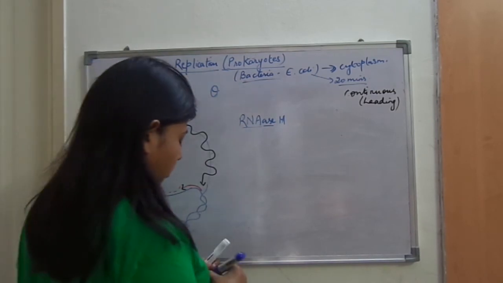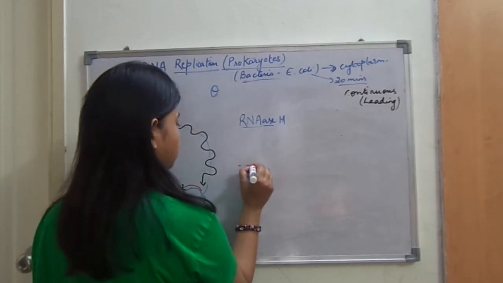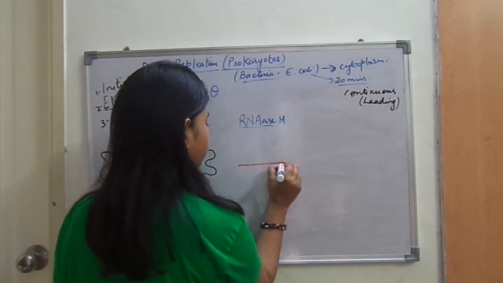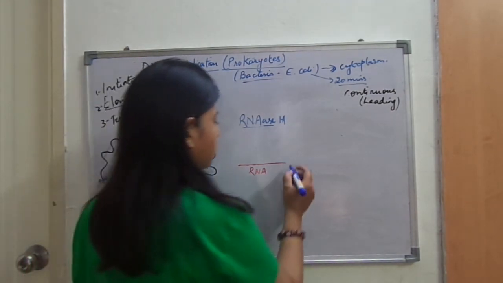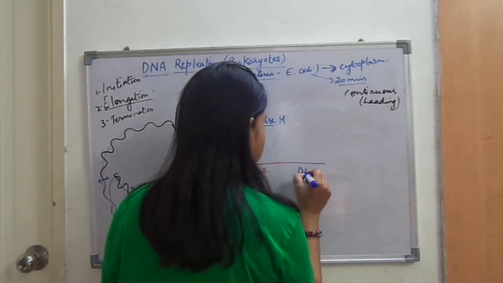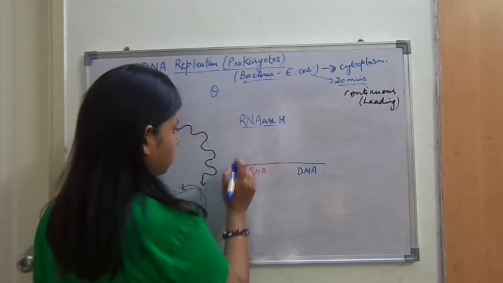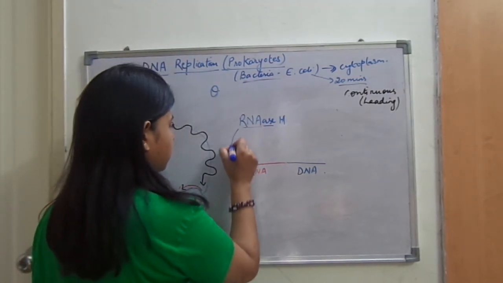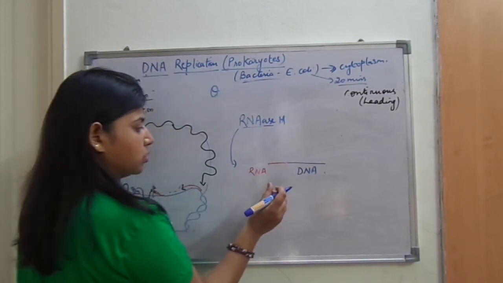So last one will be, like suppose this is the RNA primer, this is the RNA, and this thing is DNA. So when it reaches the end, now what happens, RNase H comes at this point and it starts removing the RNA from this position, right?